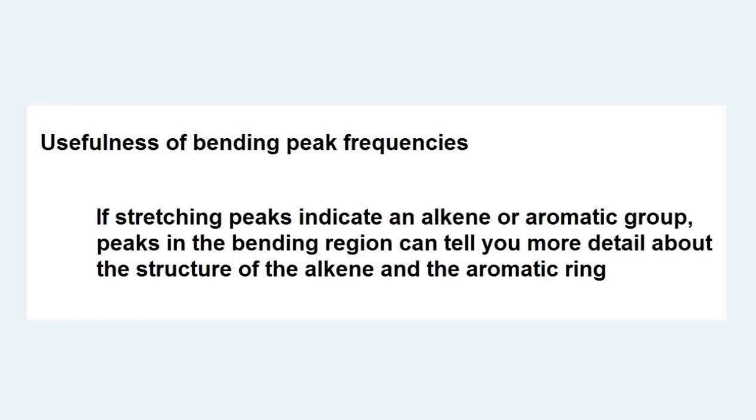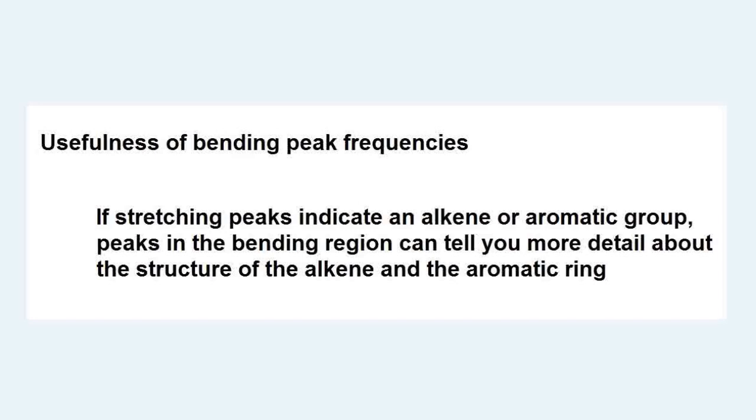However, there is information in the bending region in certain circumstances. If the stretching peaks in your IR spectrum point to an alkene or aromatic group, the peaks in the bending region can tell you more detail about the structure of the alkene and the aromatic ring.